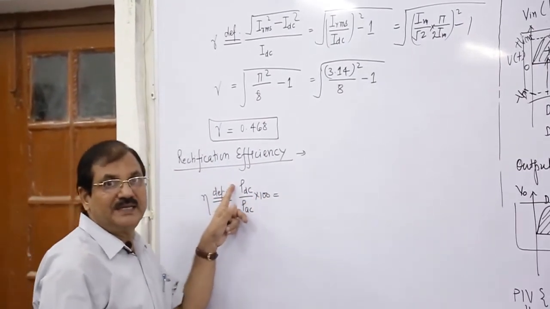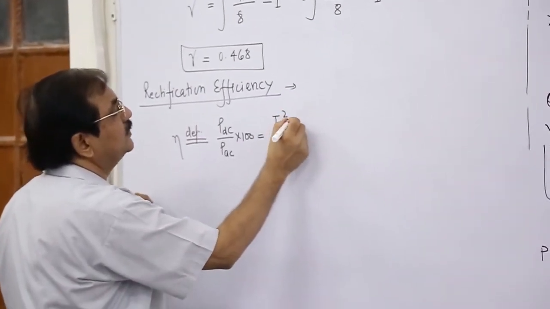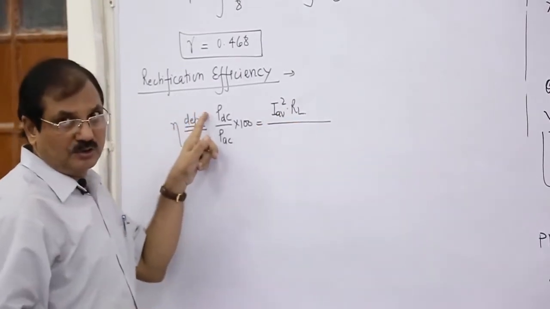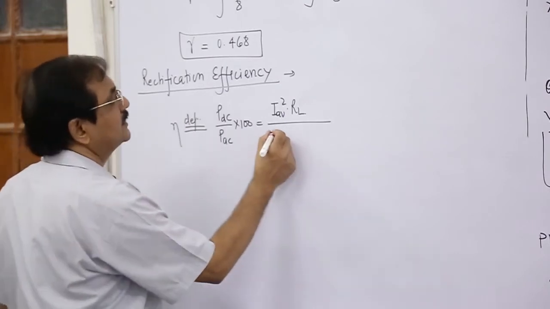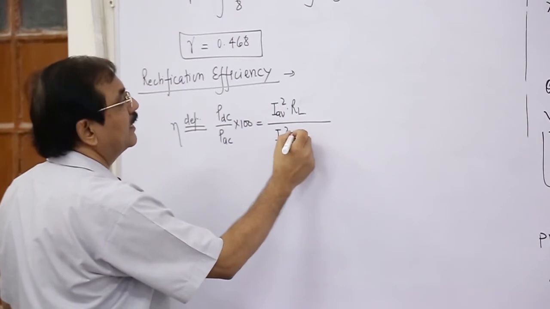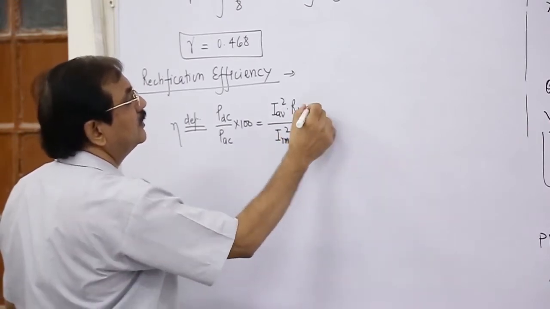PDC is IAV square into RL, the power dropped across the load, and the total power supply is IRMS square into (RL plus RF) into 100.